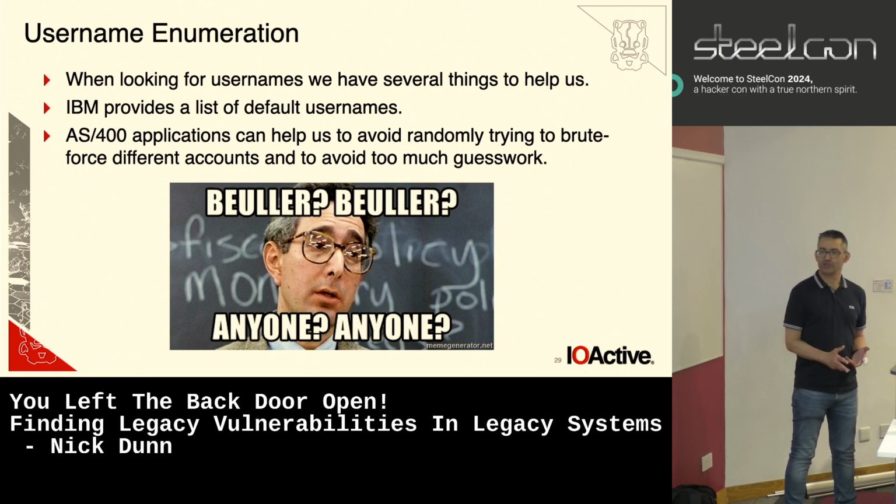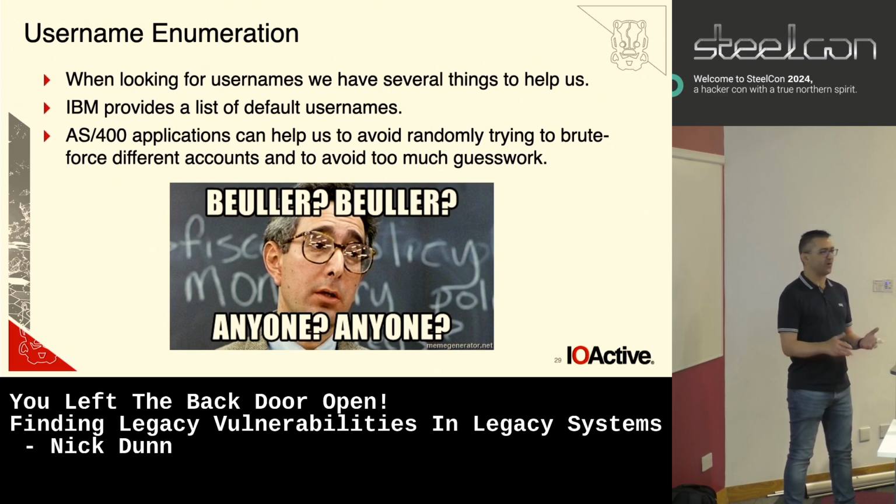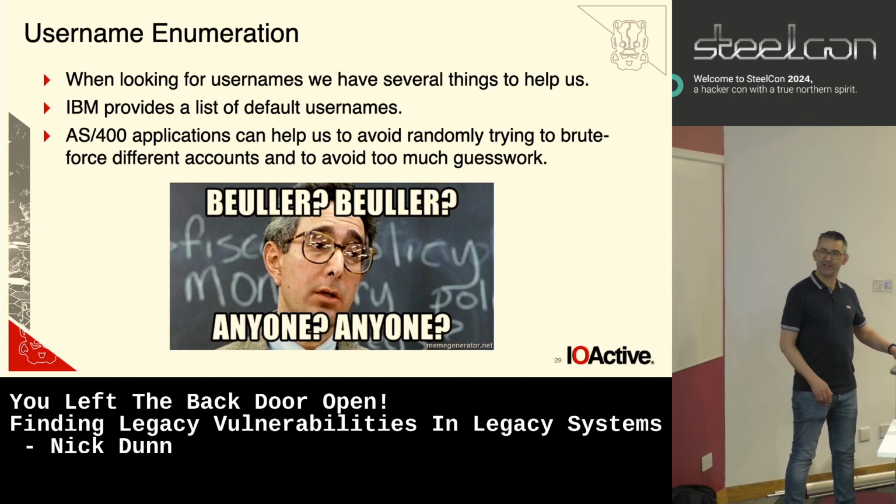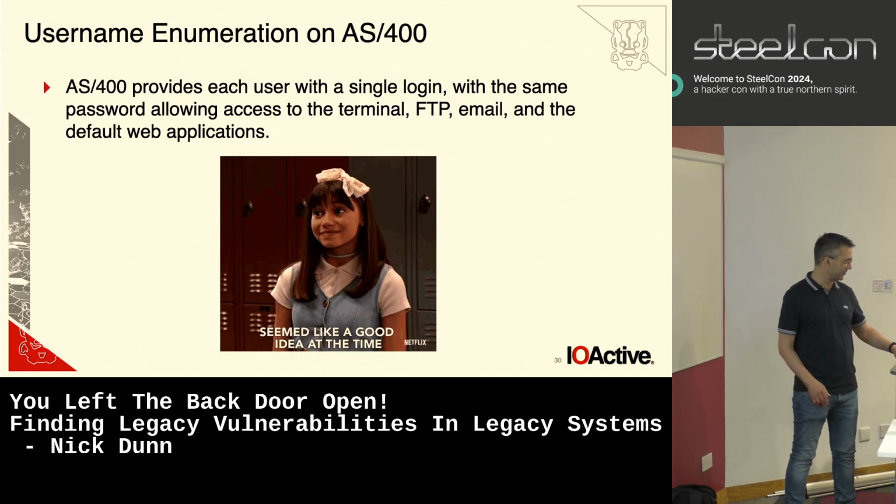In terms of the username enumeration, there's an incredibly useful list from IBM of default usernames. So we can avoid any random guessing. It's just straight to the IBM website and check which of the default usernames still have their default passwords, which of them are enabled.